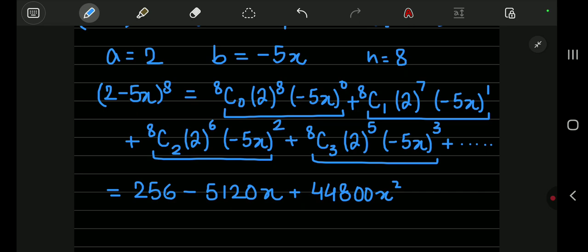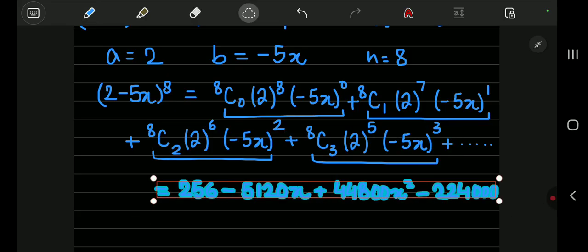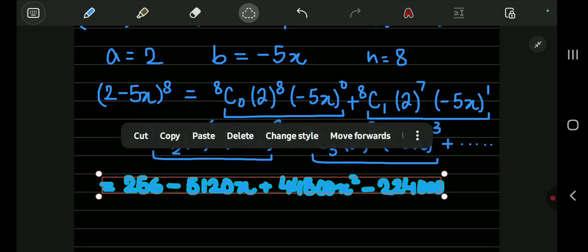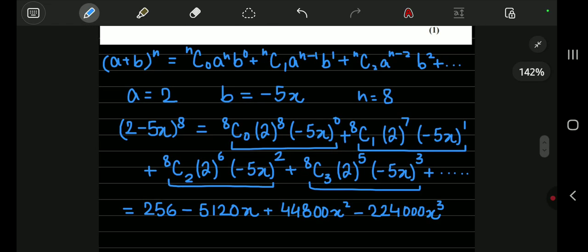If you plug all this into the calculator, you will get minus 160000x cubed. Okay, so that's it. This is your whole working for your expansion up to 4 terms.